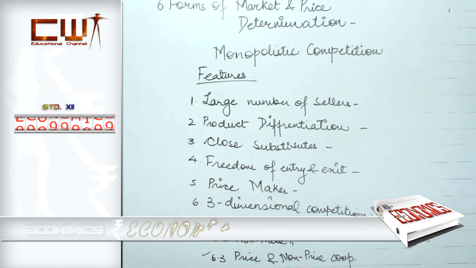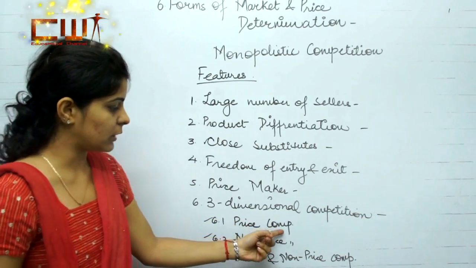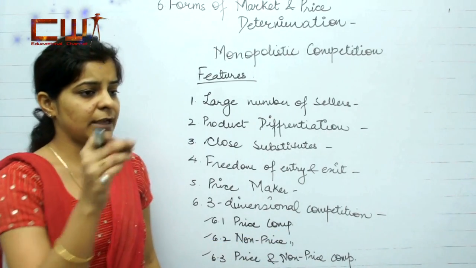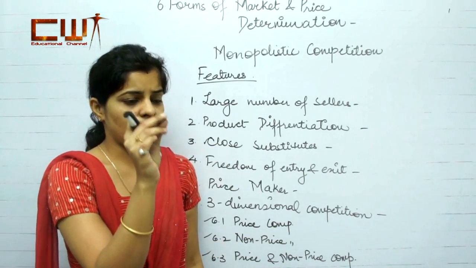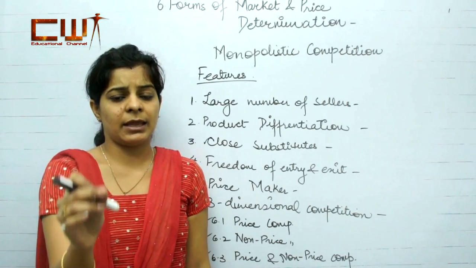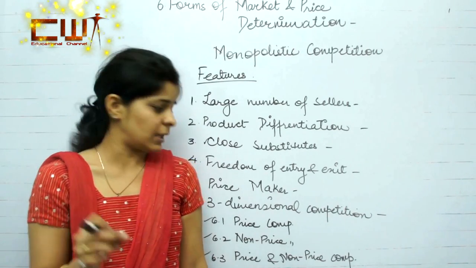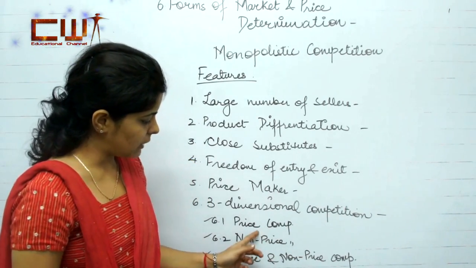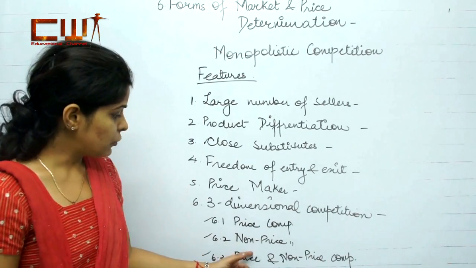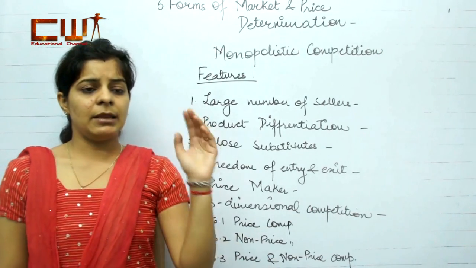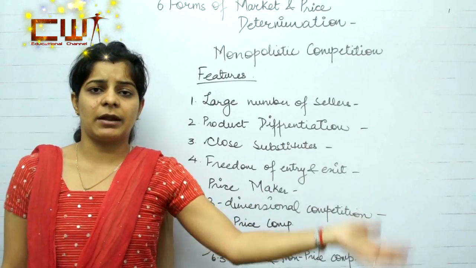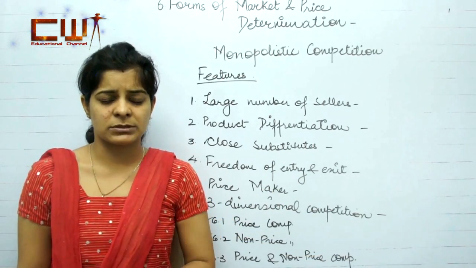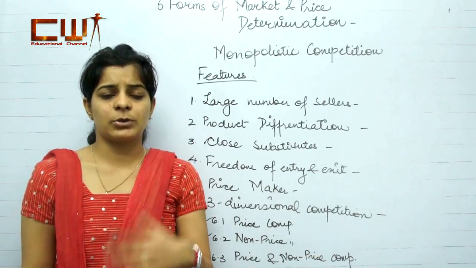In price competition, they are differentiating from each other on the grounds of price. If I say Tide is available for 140 rupees a kg and Ariel is available for 150 rupees a kg, they are differentiating on the basis of price. Non-price competition means Ariel is giving more schemes. It is giving 100 grams extra at the same cost, and it is giving some coupons also, and Tide is not.